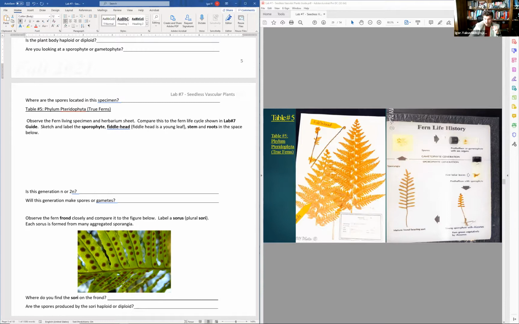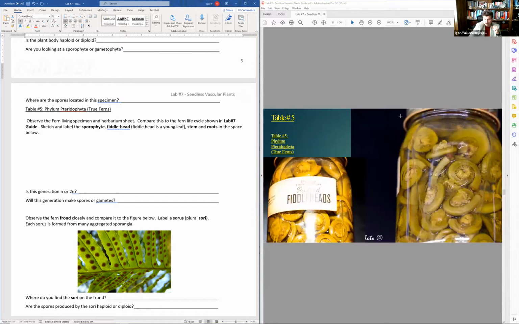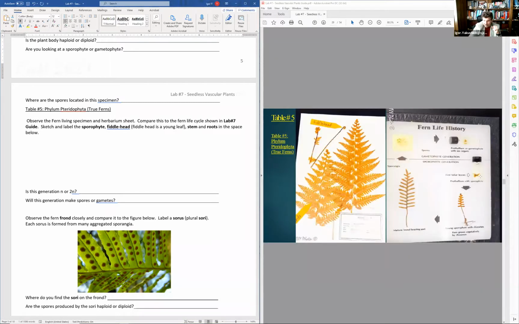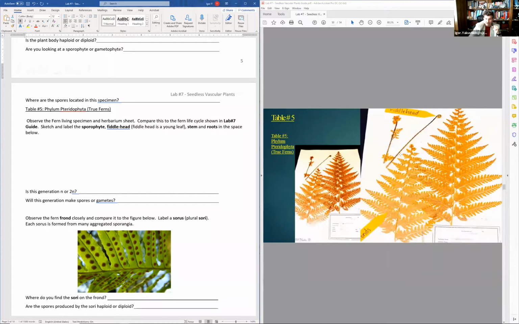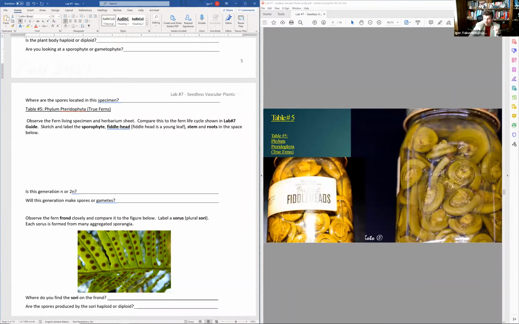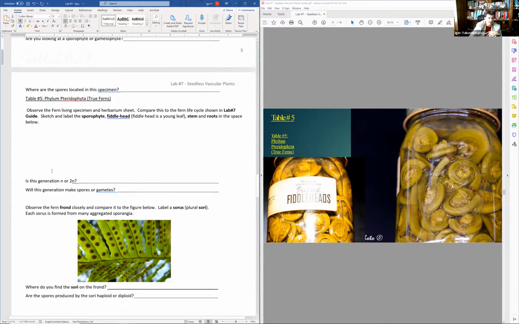On that frond you can actually see the tiny little sporophyte growing. Here are preserved fiddleheads. They are young shoots, or technically young fronds, young leaves, and they are quite nice. You can eat them, no problem. I haven't tried the pickled ones, but apparently you can buy those.